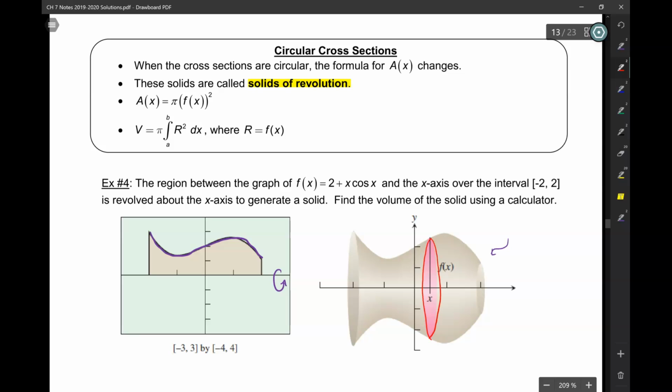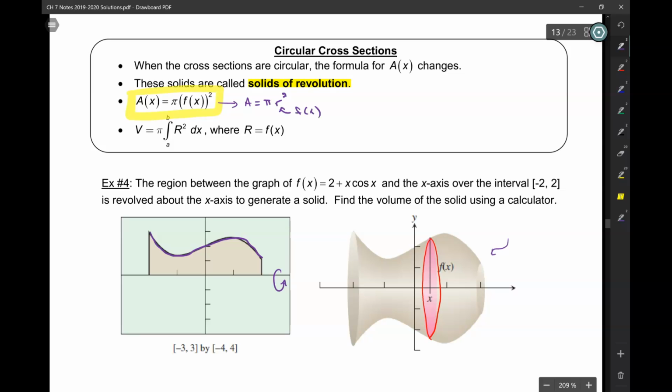To find the area of this disc, it's pi r squared, correct? And the radius is always going to be f of x. Do you see that? So the area then is always going to be pi f of x squared. Why is that? This is because area is pi r squared, and r is f of x.